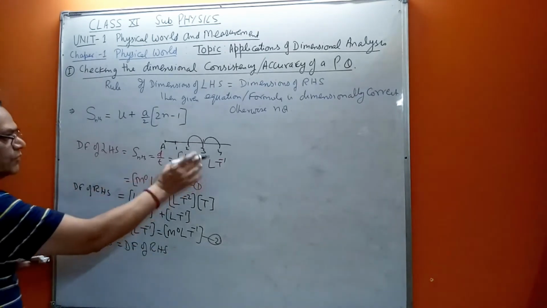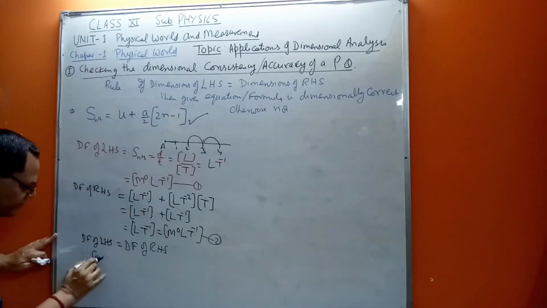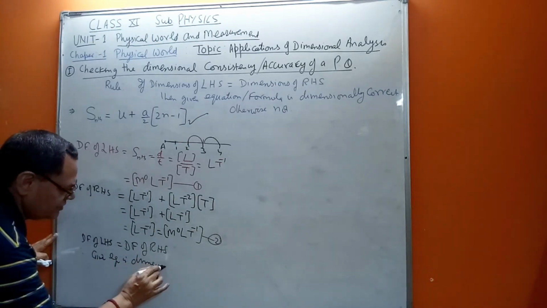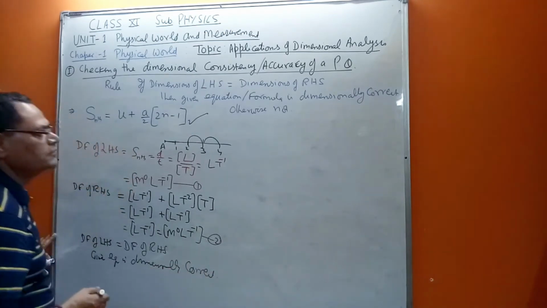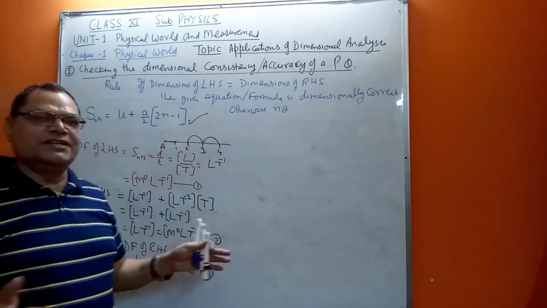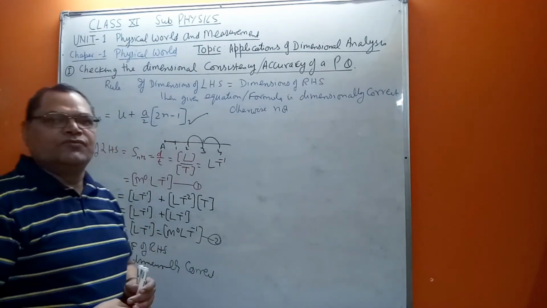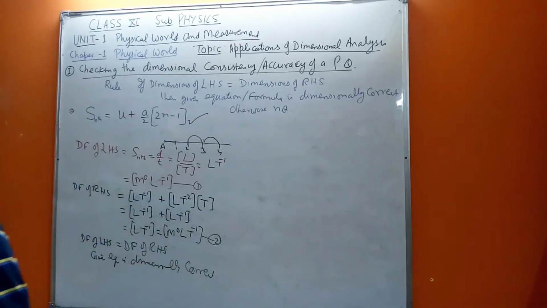Therefore the given equation is dimensionally correct. Clear? I hope you are enjoying all this. Very interesting, and these are important questions which are generally asked in competitive examinations as well.